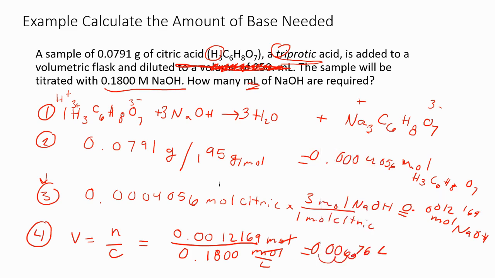So we're here. Okay, so this gives us, and then we need to check sig figs. This has 3, this has 4, this has, oh, that doesn't count, we didn't use that number. So we've got 3. So we've got 6.76 milliliters. So that was our answer.